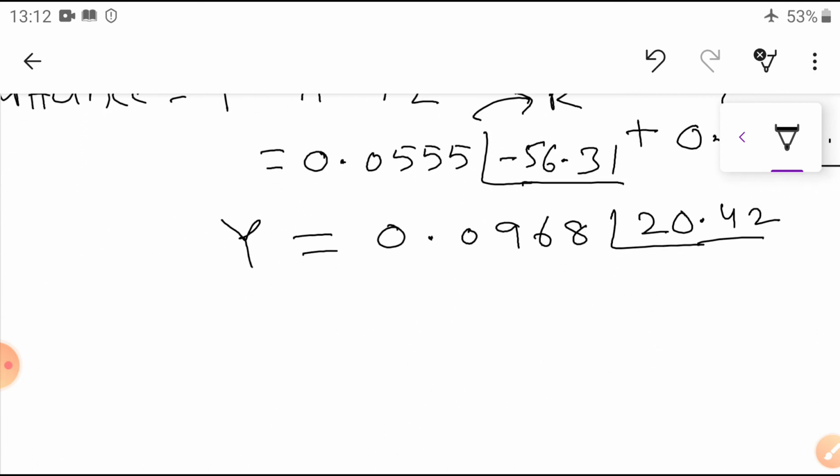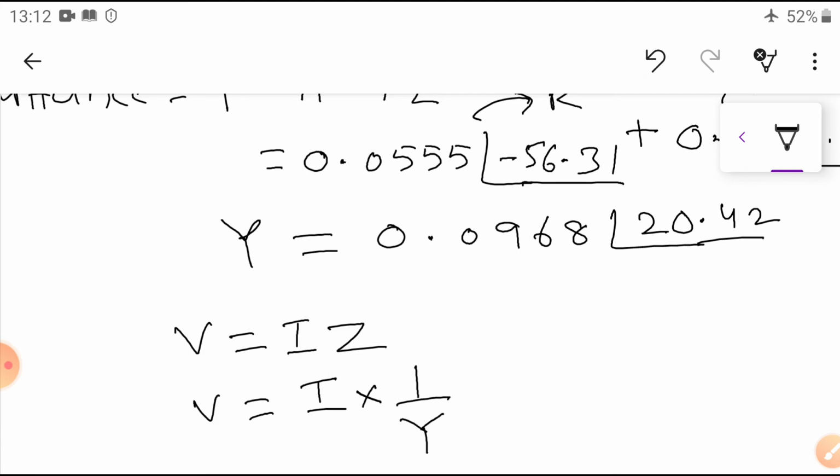Now that we know the admittance, we know V equals I into Z. So V equals I into 1 by Y, which is I divided by the admittance value.